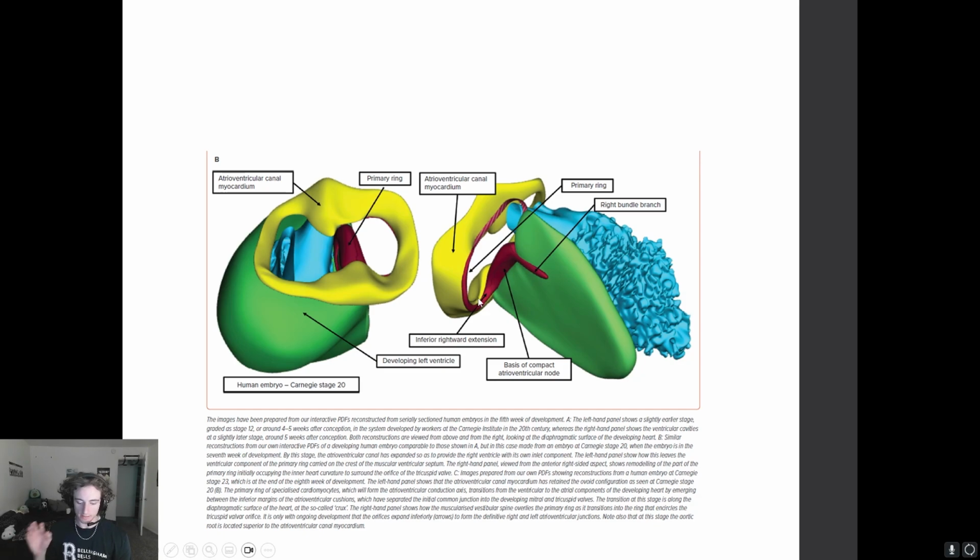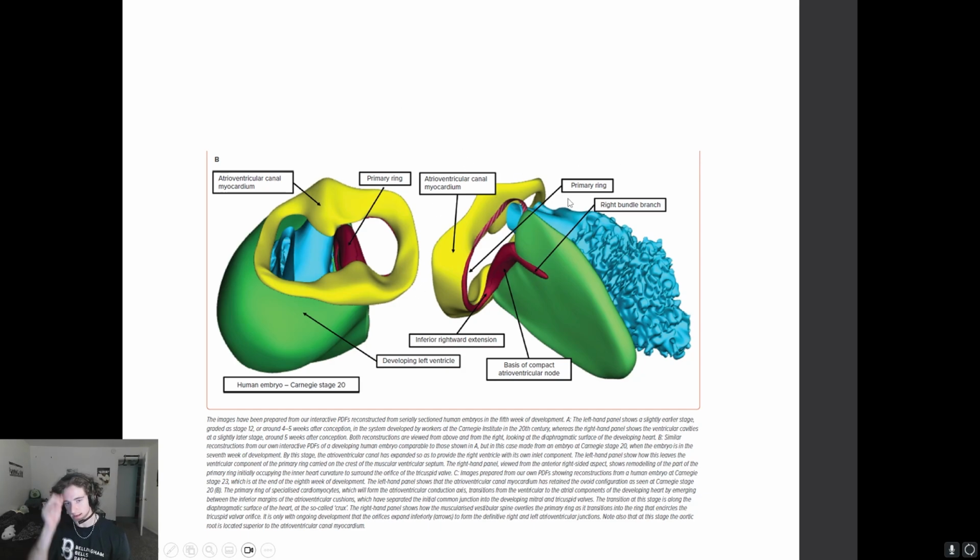Okay, these primary ring cardiomyocytes are overlaid by cardiomyocytes from the tricuspid valvar vestibule, so the vestibule, right? And the tricuspid valvar vestibule, those myocytes are derivative of the atrioventricular canal.